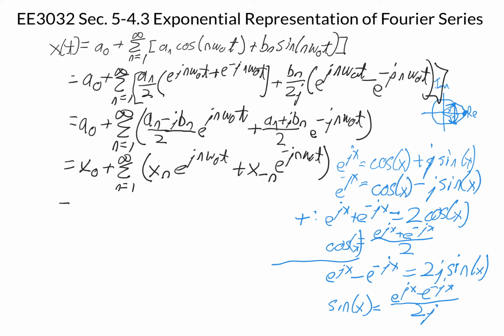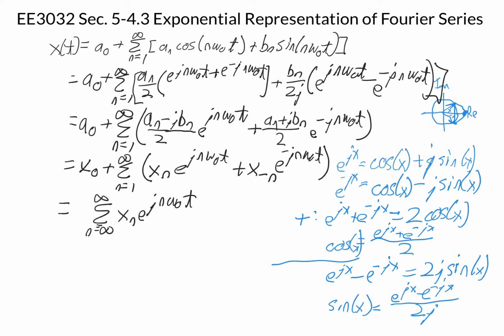And I can rewrite it this way. I can say it's the sum for all n, so n is negative infinity to infinity, of x of n e to the j n omega naught t. So what have I done here? I have n is all the values from negative infinity up until infinity, all the integers.